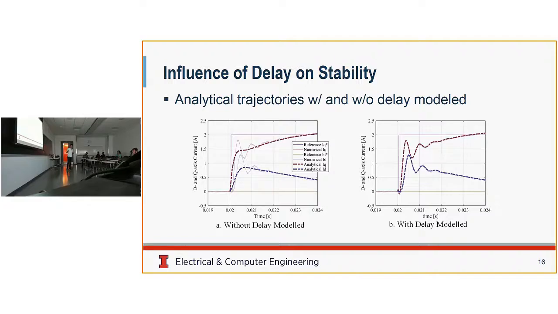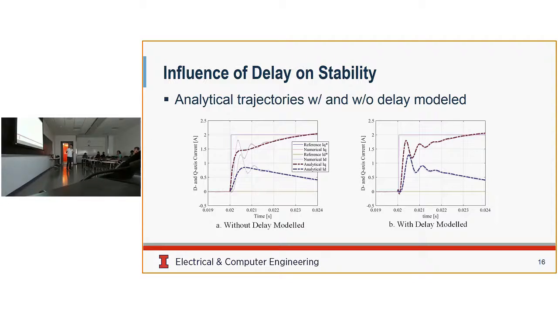And then we got this transfer function that takes delay into consideration. We can see that this is a system response without delay modeled, and this dashed line is the analytical result, and the solid line is the numerical simulation. We see that the analytical result doesn't capture a high frequency component in the system response because of the absence of the delay in the function.